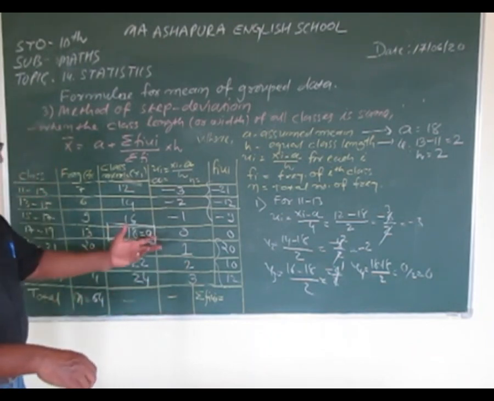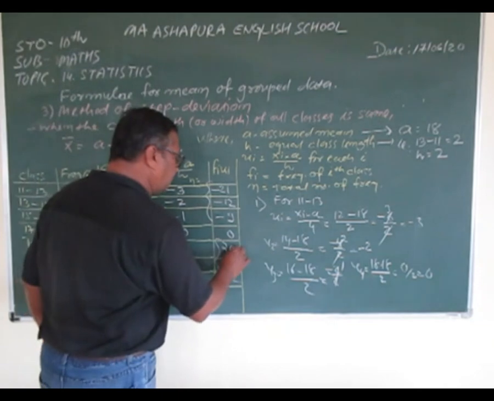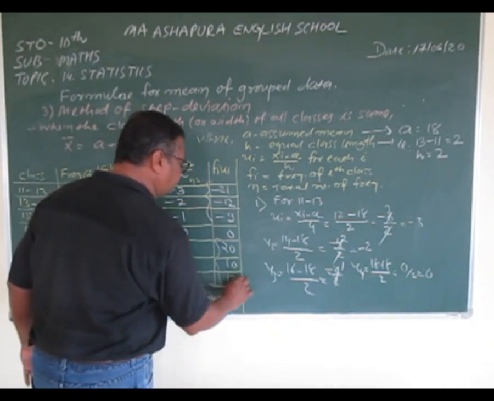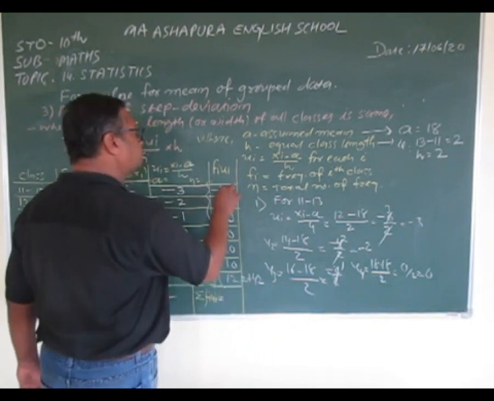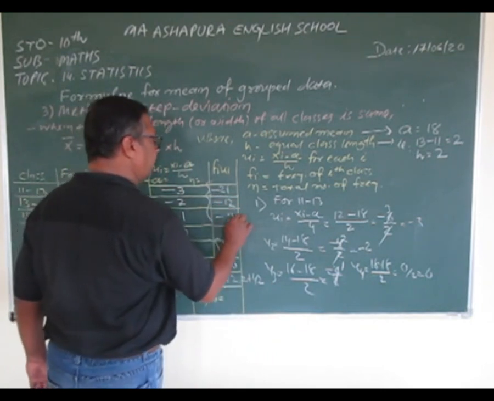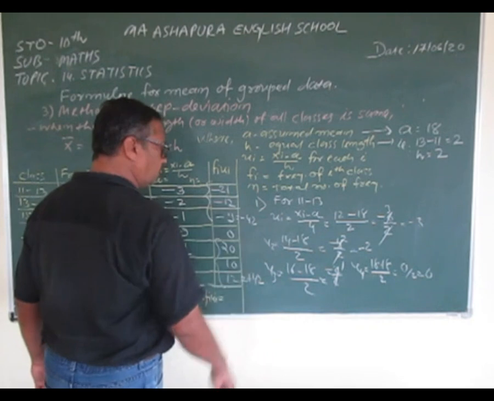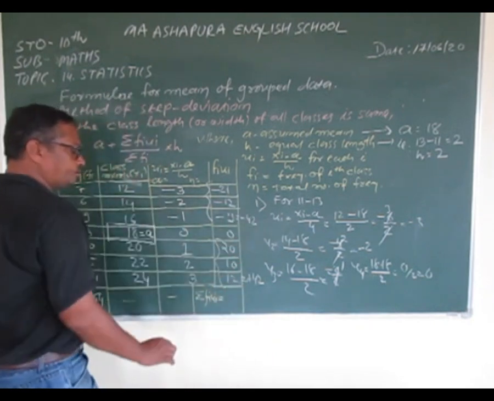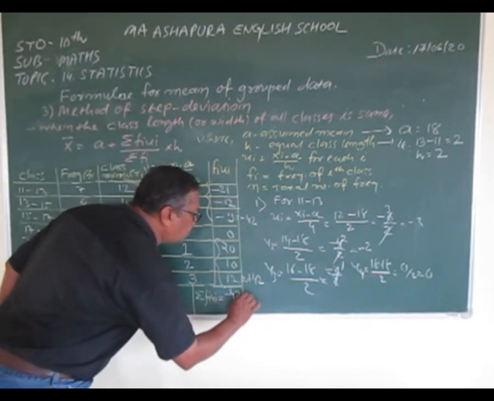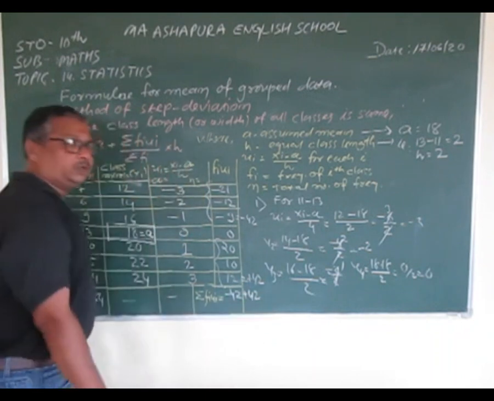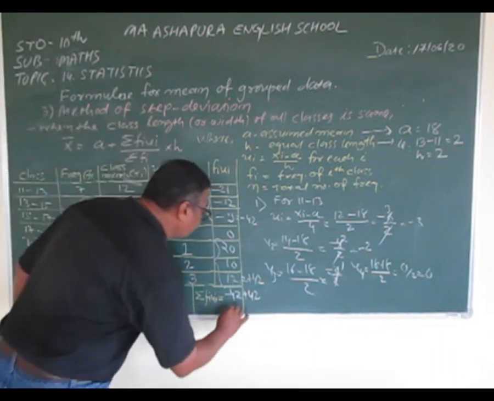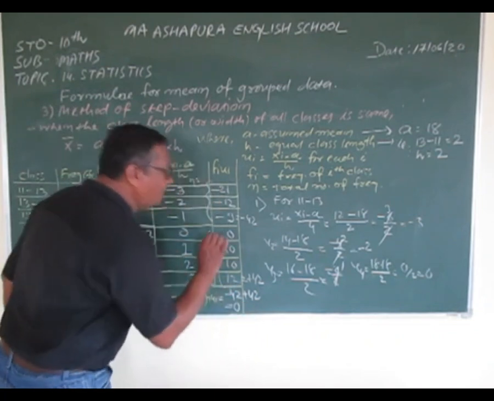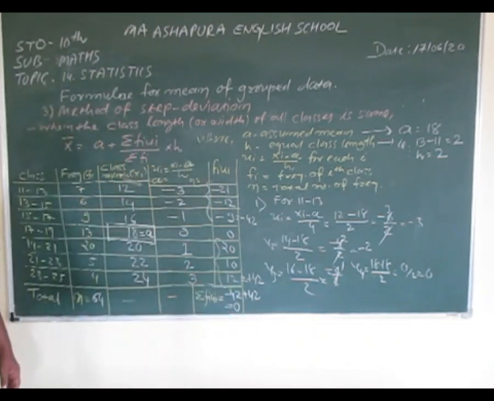So the sum of the positive integers is 20 plus 10 is 30, plus 12 is equal to 42, and 21 plus 12 is 33, plus 9 is 42 with a minus sign. Now -42 plus 42, both numbers are opposite to each other, and therefore on simplifying we get sigma fiui is equal to 0.